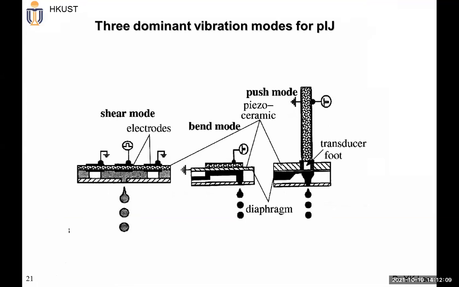The key thing here is they use a special vibration of the piezoelectric transducer material at a certain frequency, a certain vibration mode, so the ink can be ejected out of the nozzle through acoustic wave propagation, right?